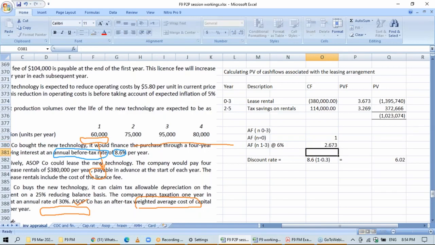So if you sum both of these, this will give you 3.673. So this is how I got 3.673.